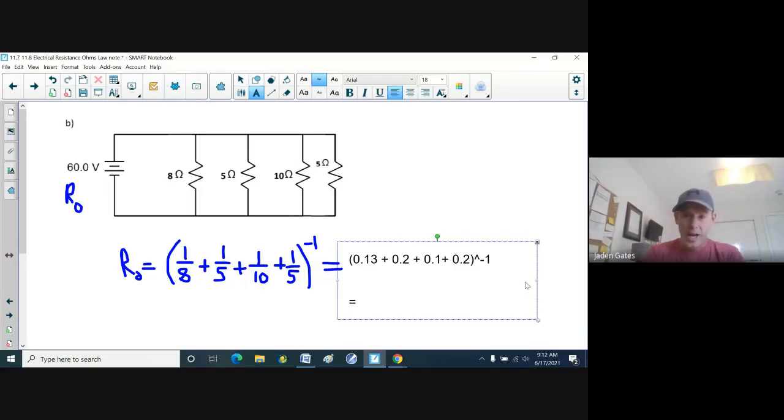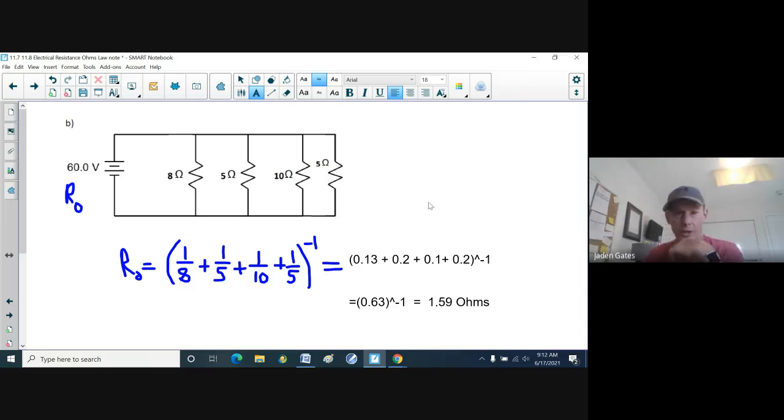All right, so I add those up, and on my calculator here I get 0.63. Again, this is to the power of -1. And when I do take it to the power of -1, I get 1.59 ohms.